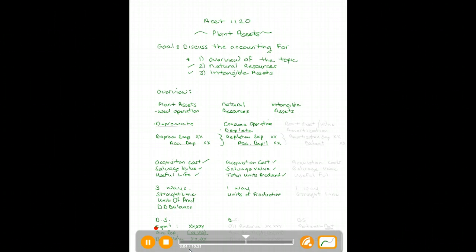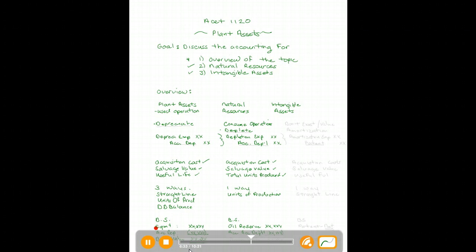It's also shown on the balance sheet. And you would show, we said oil reserves for our example, you would show you have a natural resource called oil reserve and list its amount. You would say less accumulated depletion, that's how much you have depleted to date.